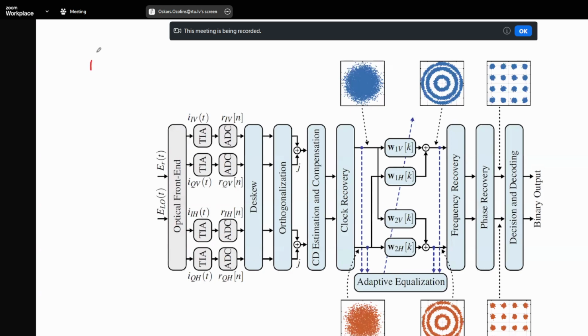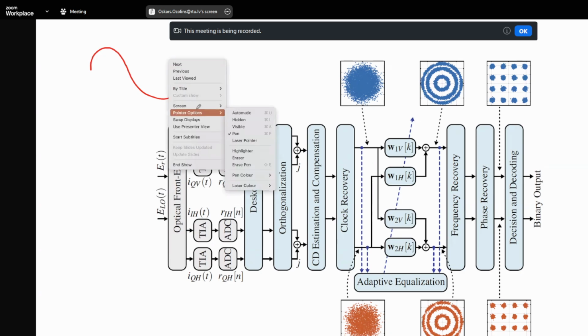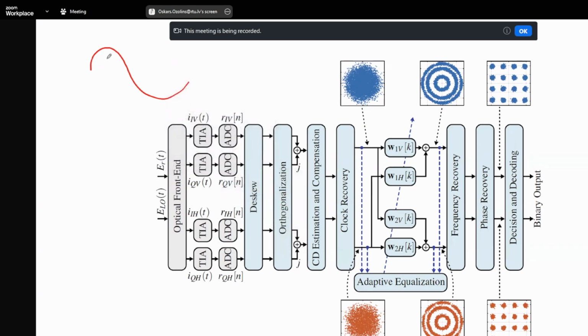If we have just a sine wave signal which is coming in here, we assume there's no modulation, so we have two lasers, and the frequency difference is like a tone, so we get something like this. Okay, different color. And what happens here in the analog to digital converter, we just sample it. We get these samples.